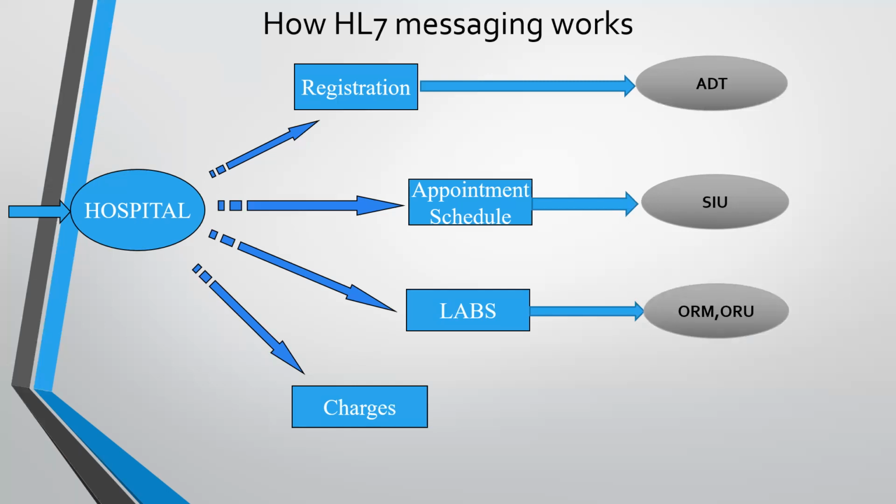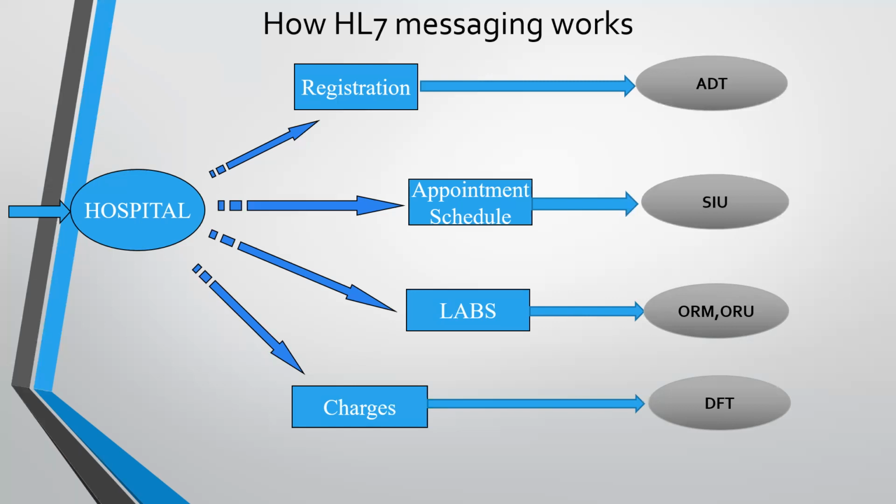ORM is observation request message, which is used to represent order data. ORU is observation result unsolicited, which is used to represent result data. Similarly, you have DFT, which is detailed financial transaction. If you have events pertaining to finances or transactions, they will be represented with the help of DFT.